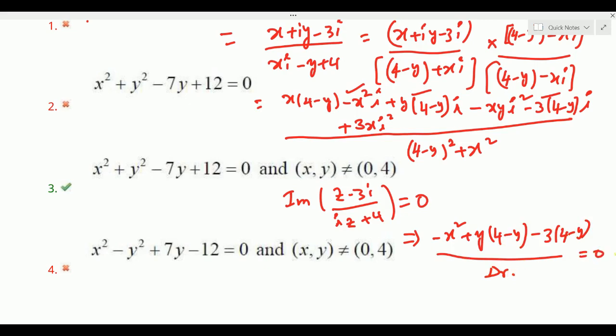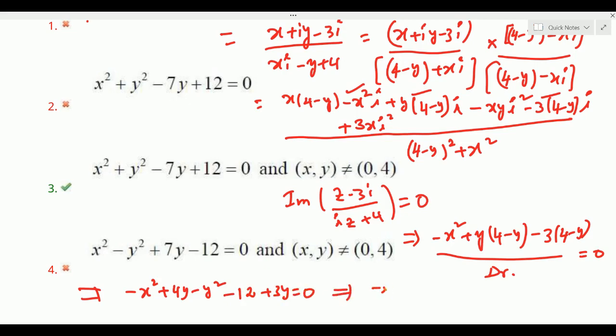Now let us expand. Minus x square, y into 4 is 4y, y into minus y is minus y square, and 3 into 4 is 12 with minus, plus 3y, is equal to 0. Now again we can simplify it.